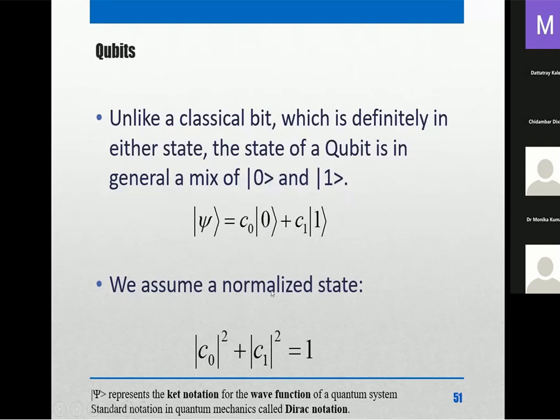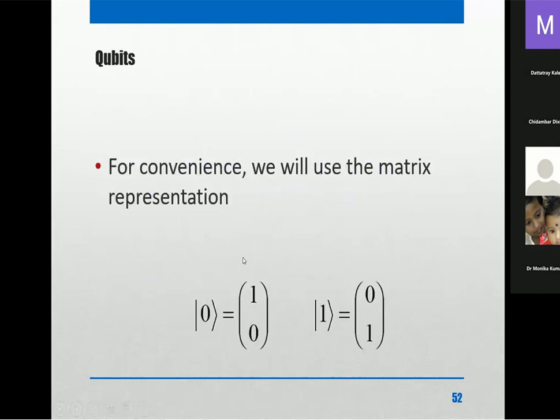We assume a normalized state, C0 squared plus C1 squared. This psi represents the ket notation for the wave function of the quantum system, and the standard notation of quantum mechanics is called Dirac notation.